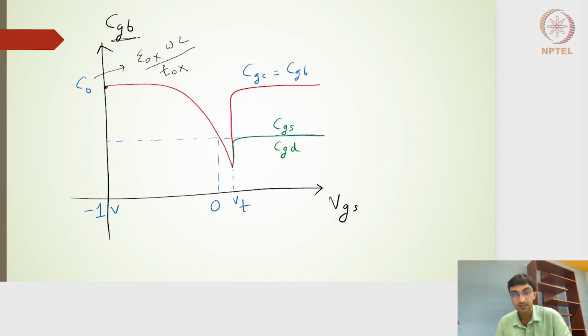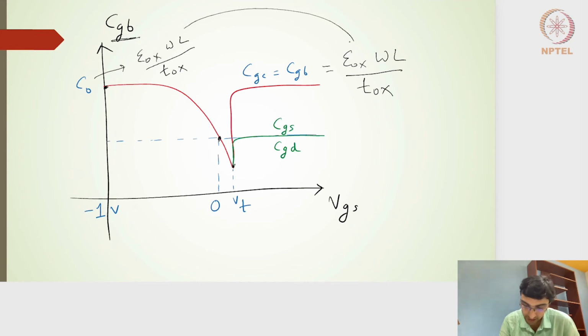At 0, it will be half of the C0 value, and then very close to VT, it will go down. But once it reaches VT, the inversion region is formed, and then it goes back to the original value of epsilon oxide WL by T oxide. So this value is brought back.